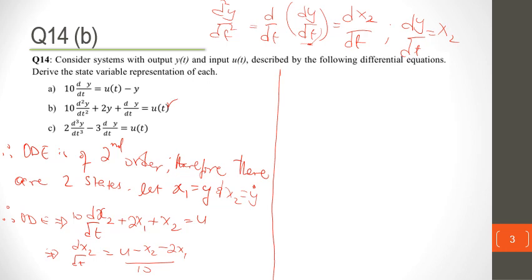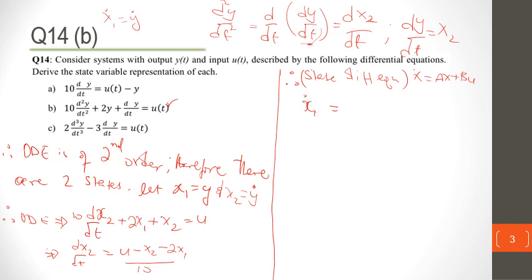Right? So for our two-state system, we can now write the state differential equation. And remember, the way we write the state differential equation is x dot is equal to Ax plus Bu. So in this case, we can write the first derivative x1 dot is equal to, remember x1 is y.